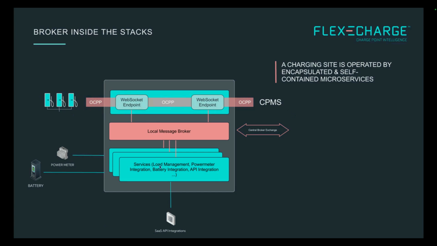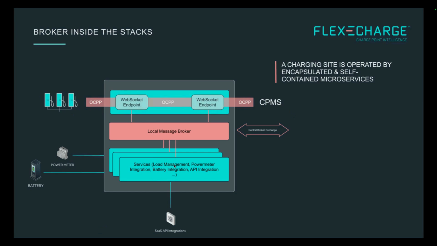Then there are other services which can subscribe to this information, and the best example is a load manager, which will subscribe to status information. It will subscribe to OCPP meter values information. So, what is the actual charge current?